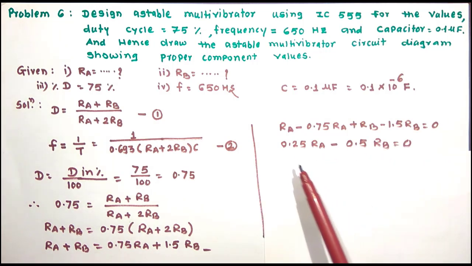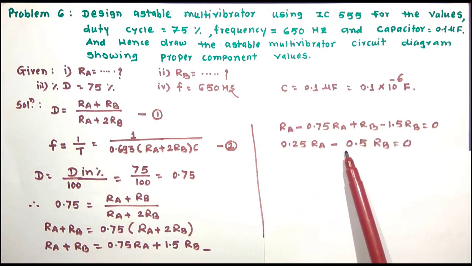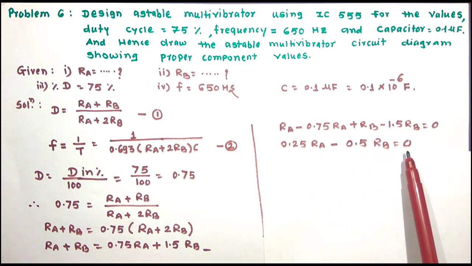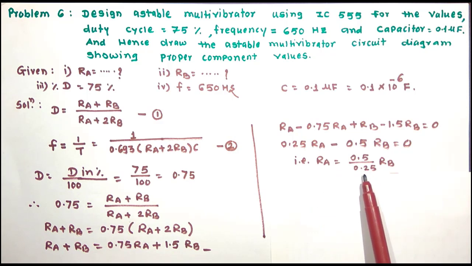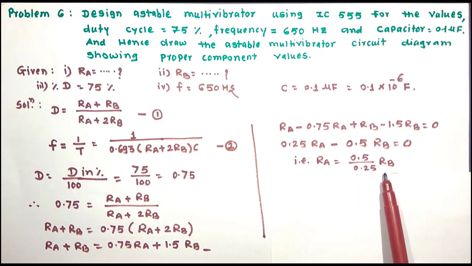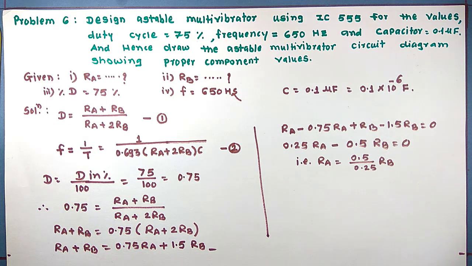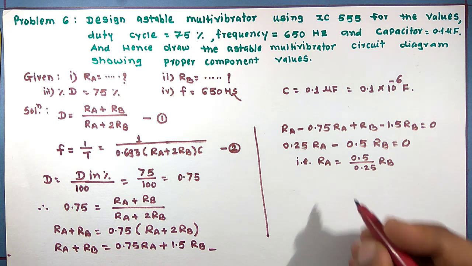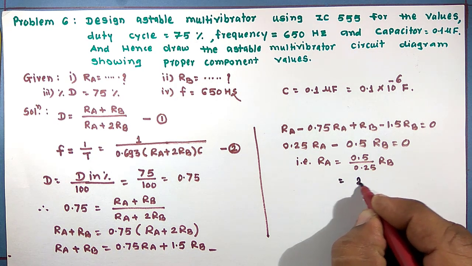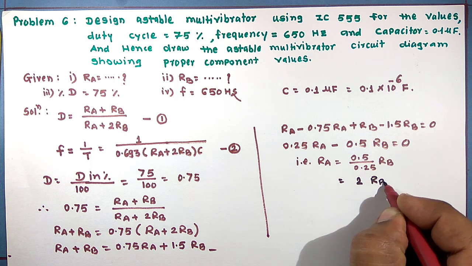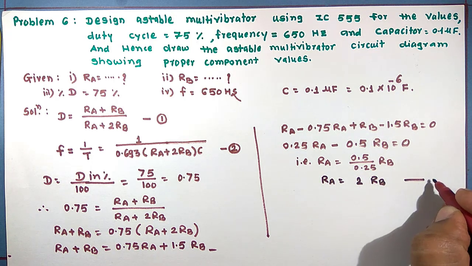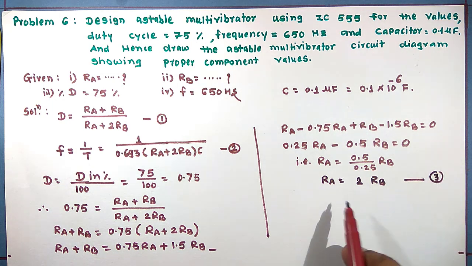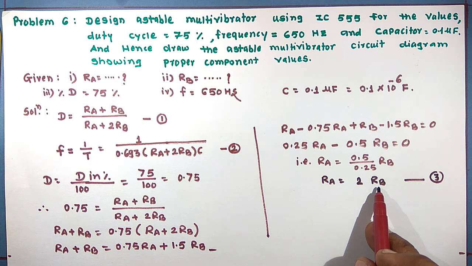So we get 0.25 RA minus 0.5 RB is equal to 0. That is RA is equal to 0.5 divided by 0.25 RB. Hence RA is equal to 2 RB. So we got this particular relation in between RA and RB.